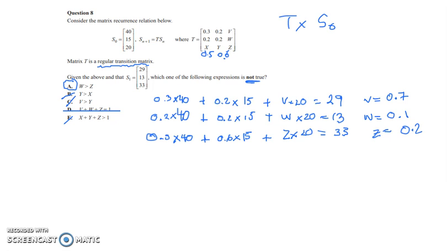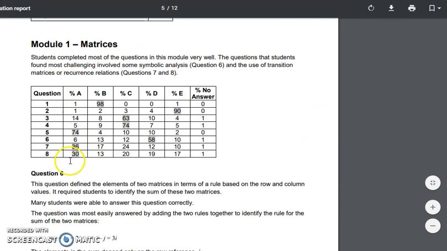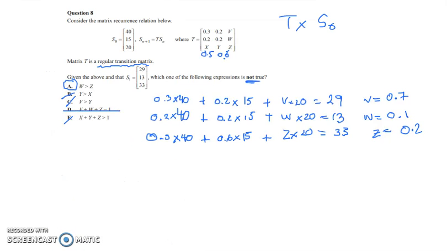Having a look at the solutions to this for question 8, only 30% of the cohort managed to get this one correct. So that's a really, really low percentage of correct responses. So going back to the question, it's all about understanding how to do matrix multiplication by hand and knowing that it's a regular transition matrix, knowing that the verticals in a regular transition matrix do equal 1.